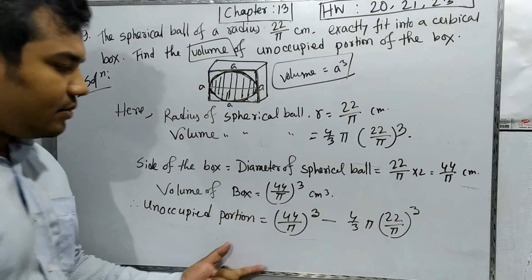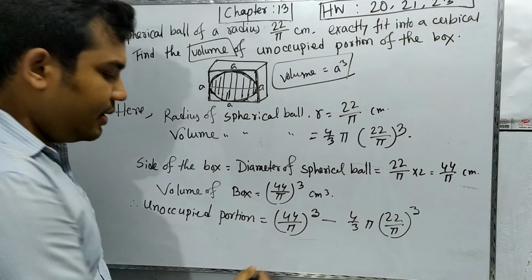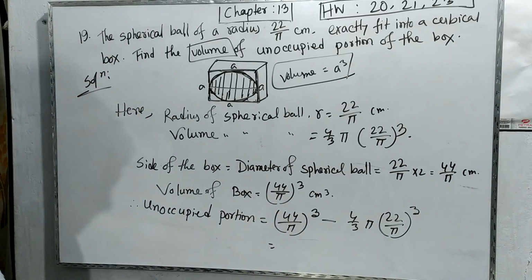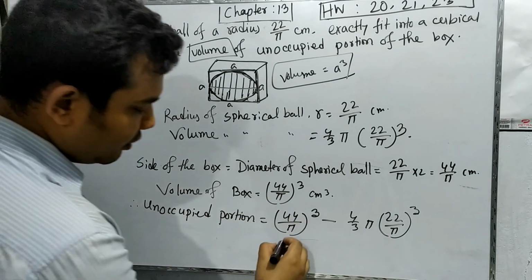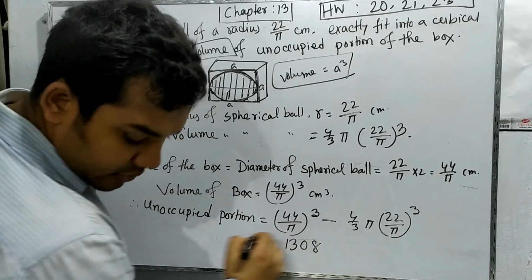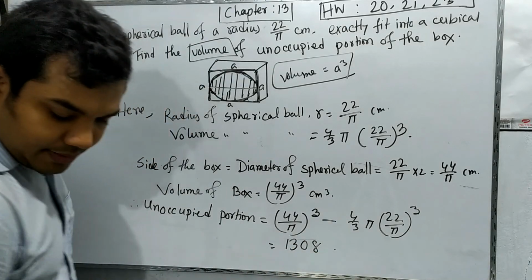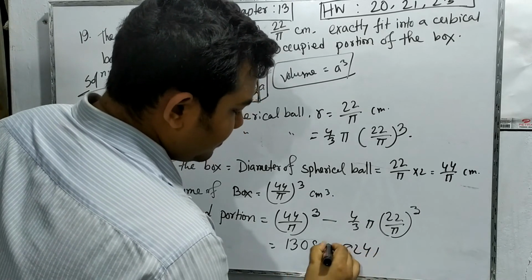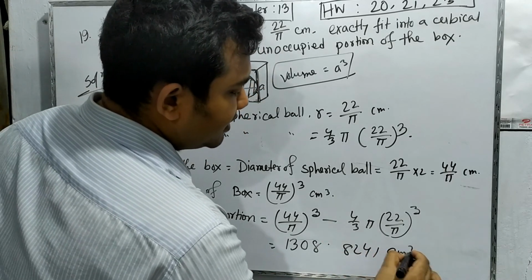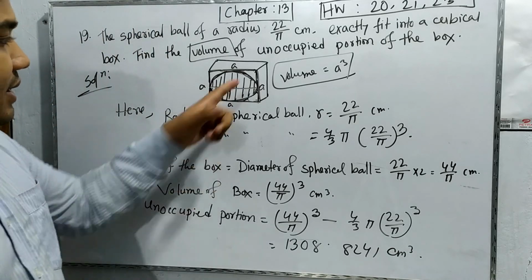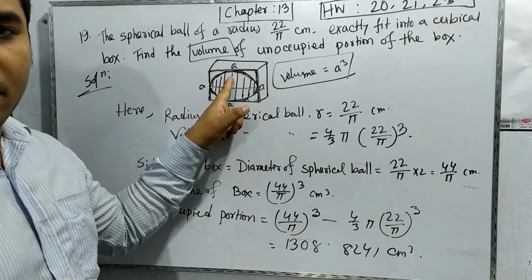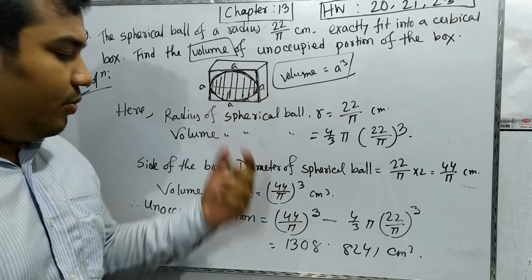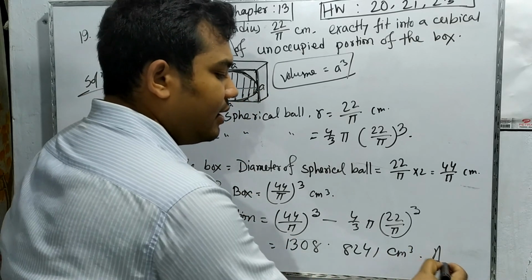Using a calculator you will get the answer, which will be 1308.8241 centimeter cube. Why centimeter cube? Because this is a volume and this is also a volume. Just subtracting these two volumes, we get our final answer.